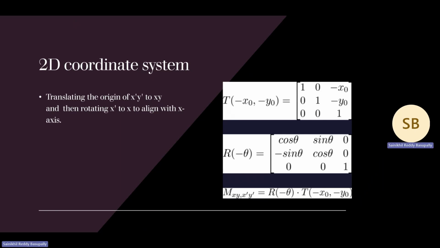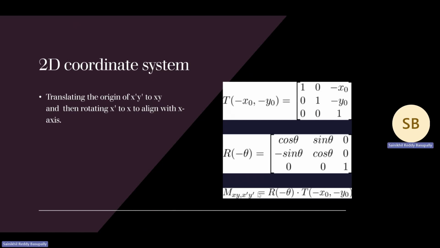So let's consider an example of transforming a point in a 2D space. To transform the point in a 2D space, first we need to translate the origin of xy to x'y', and then rotate x' to align with the x-axis.